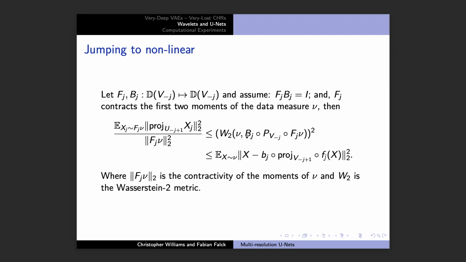And this can be bounded by the Wasserstein 2 metric squared of doing the projection, coming back, and this. So this will have some coupling of the two measures here as Wasserstein metric. So it's definitely bounded above by a chosen coupling.